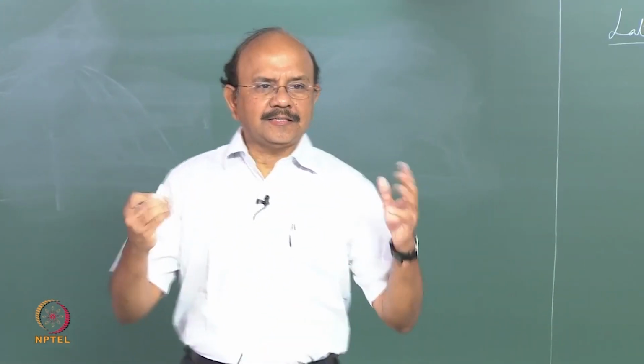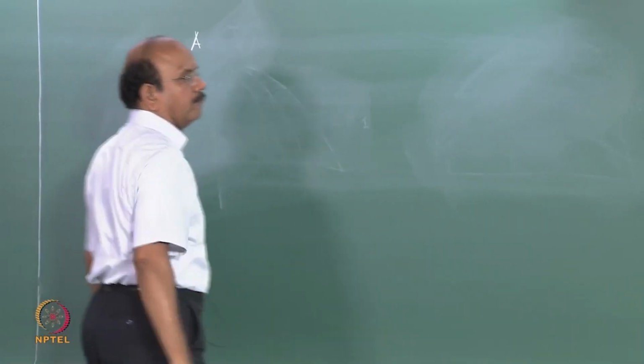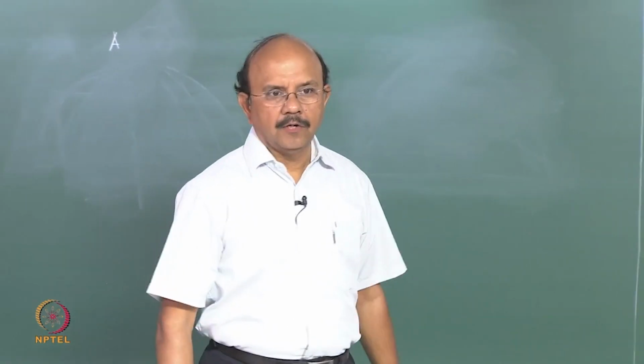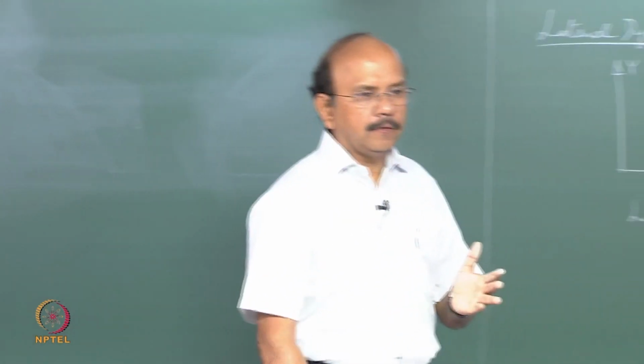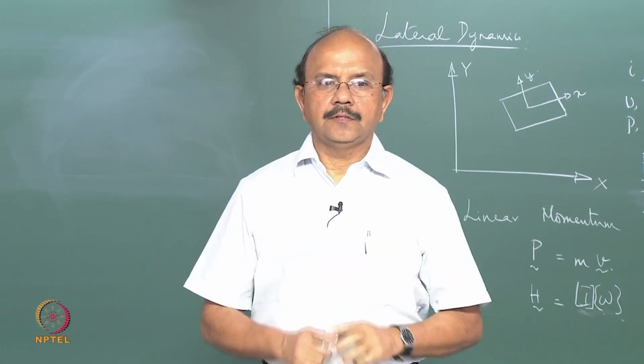Okay, let us consider a vector A, some vector A. We are following Etkin. The reference for this is Etkin's Dynamics of Flight: Stability and Control, vehicle stability.